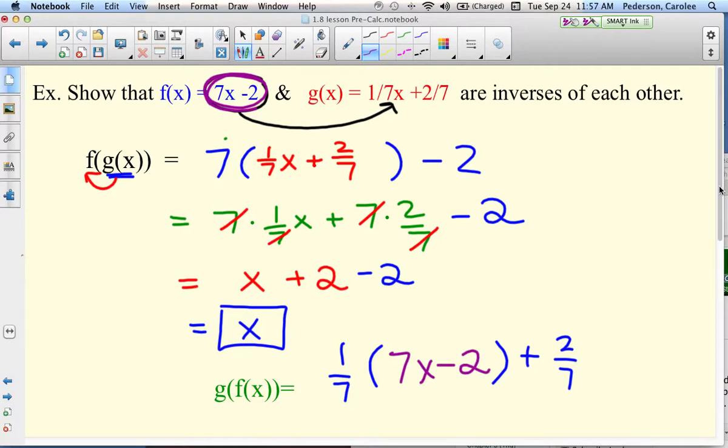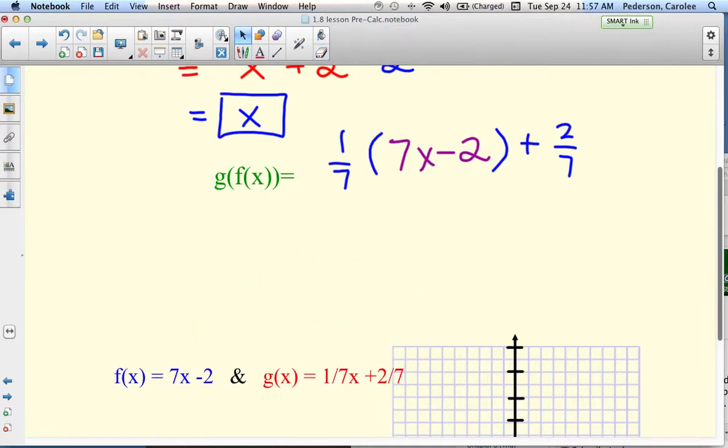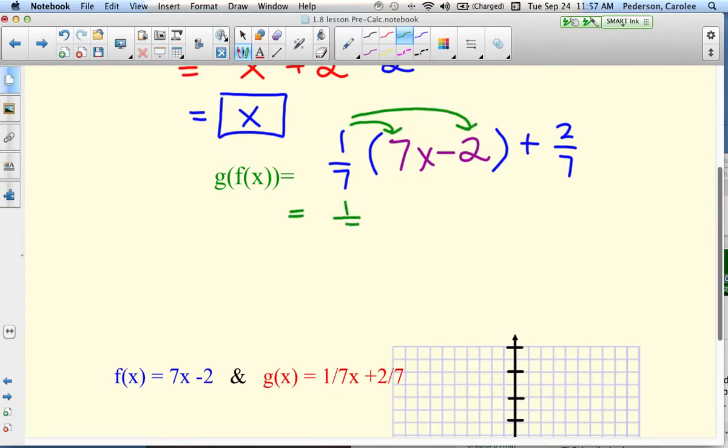And now we have to clean up that equation. So we're going to distribute the 1/7 through to the parentheses. So 1/7 times 7x plus 1/7 times negative 2. And then we have this plus 2/7 at the end.